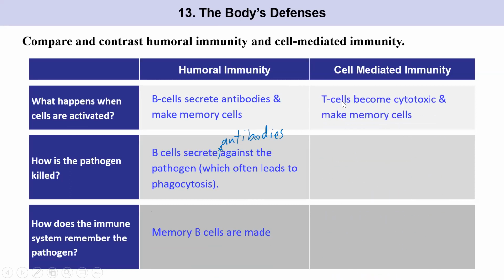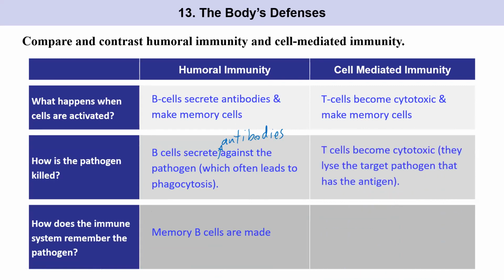This time T cells become activated and they become cytotoxic, and they make long-lived cells. How is the pathogen killed? Cytotoxic means that they are able to kill other cells, and there are a few mechanisms. I called it the kiss of death. There are different ways they can do this. They can secrete toxins, which punch holes into the pathogen.